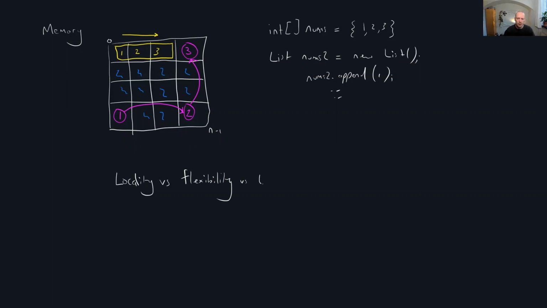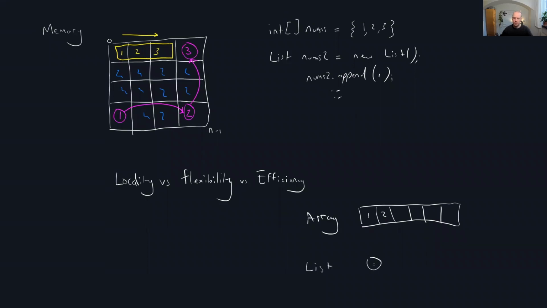The final thing we should think about, at least when it comes to this memory, is the efficiency. And again, this idea, if you have an array, and let's make it like this, and you only ever store, let's say, 1 and 2, and you have a list 1 and 2.